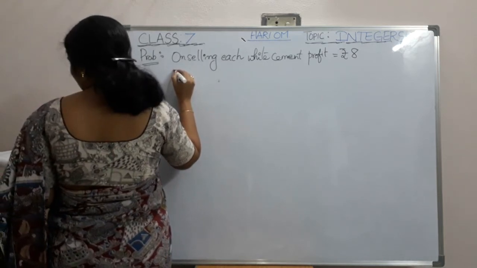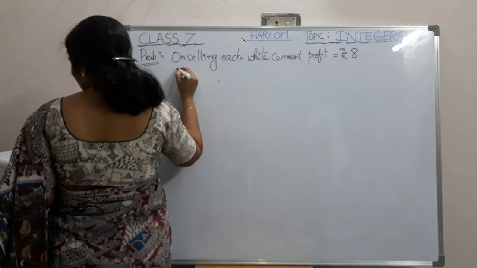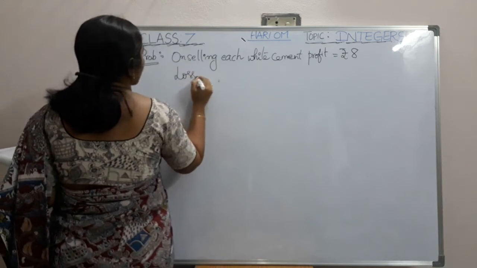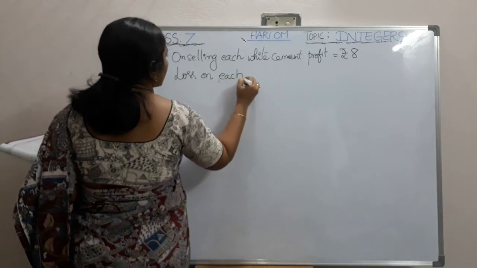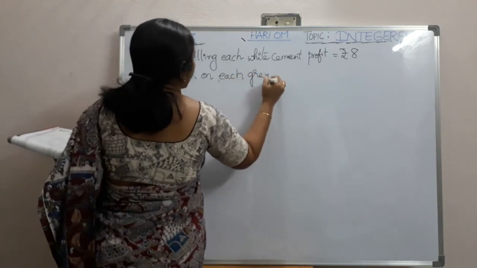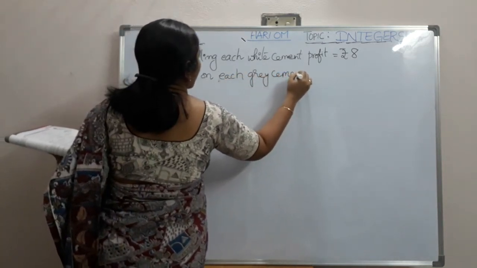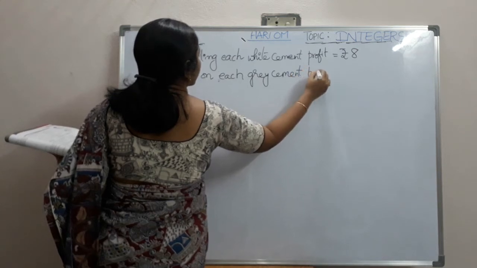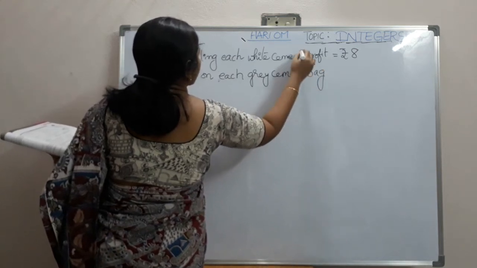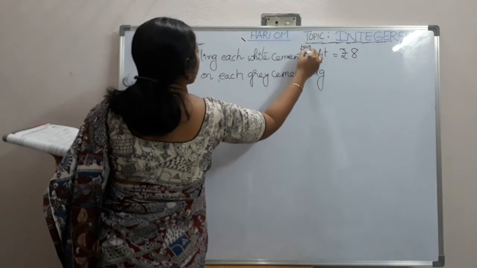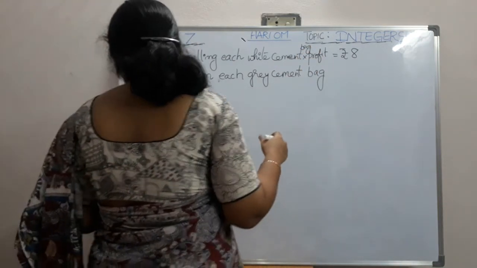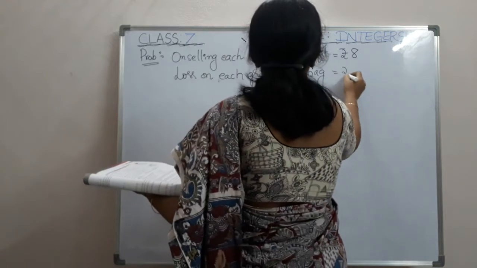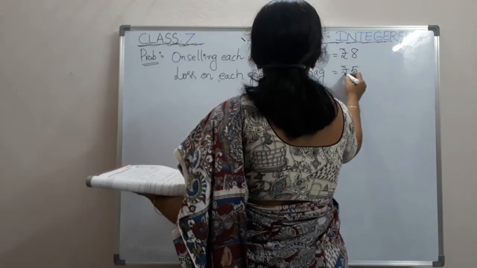Next one is loss on each grey cement bag is rupees 5.